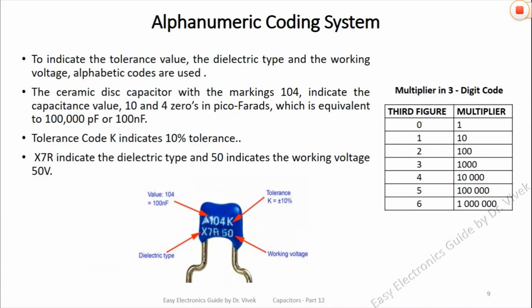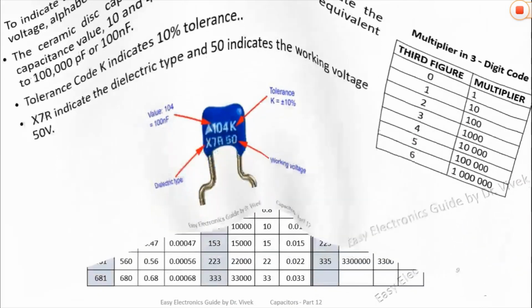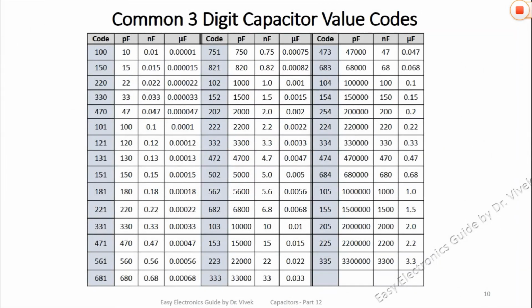Alphabetic codes are used to indicate the tolerance values, the dielectric type, and the working voltage. The table shows commonly used 3-digit capacitor value codes.